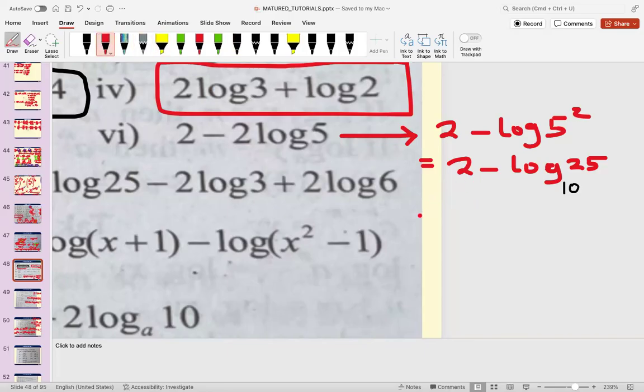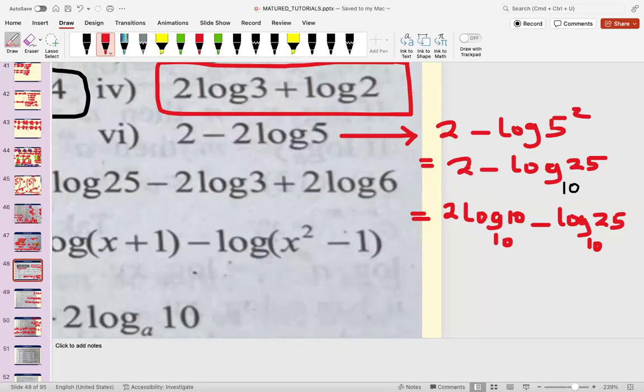So in rewriting this, I can write this 2 as 2 log 10 minus log 10 of 25. If you don't understand this, raise up your hand and let me explain why I've written this 2 as 2 log 10.